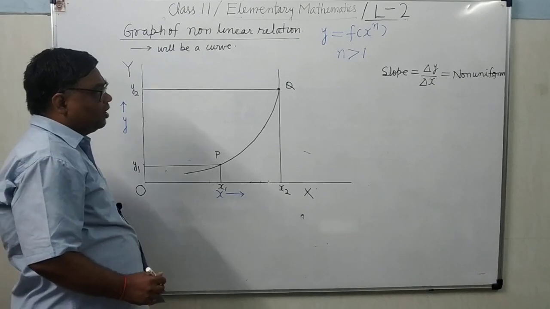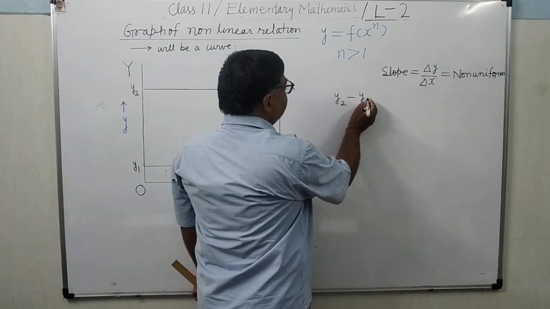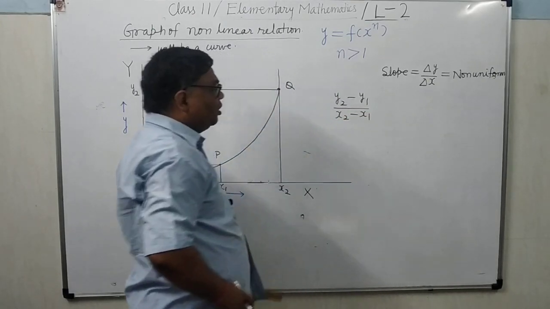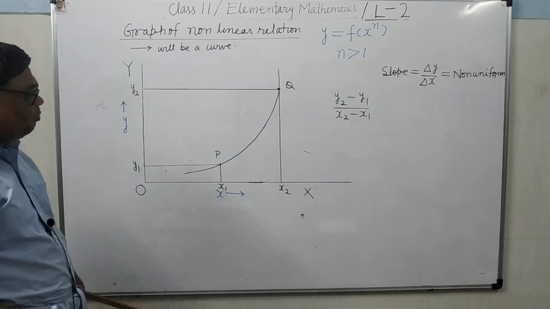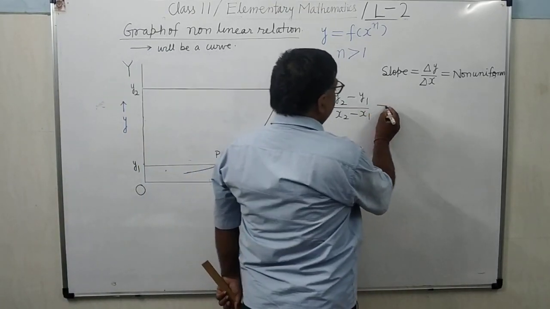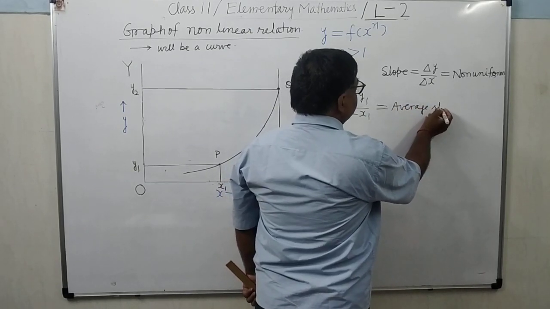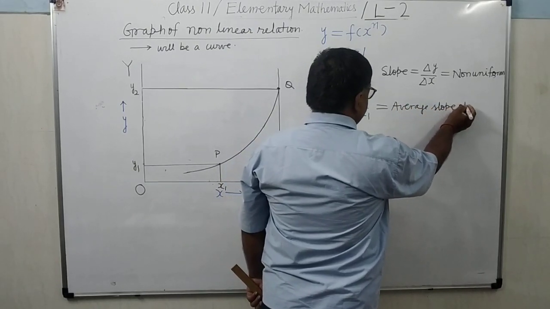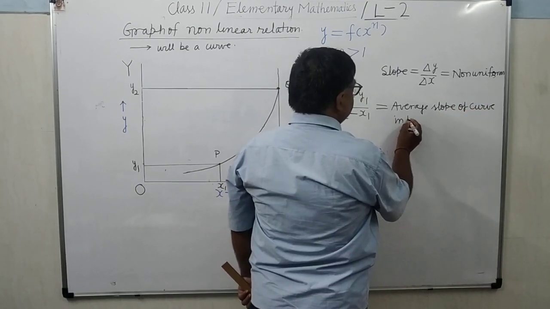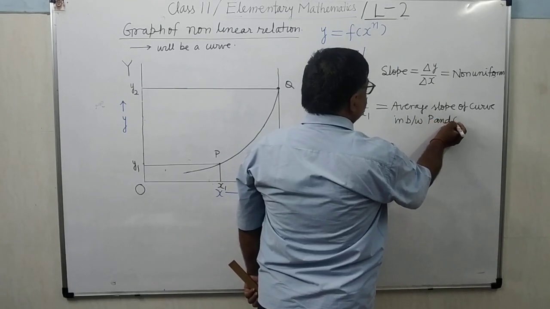So when you find out this way, y2 minus y1 upon x2 minus x1, it will give the average slope of the curve in between P and Q. It's clear?